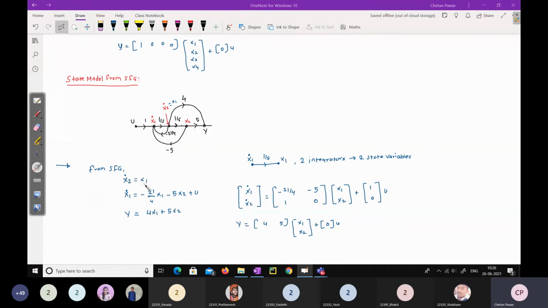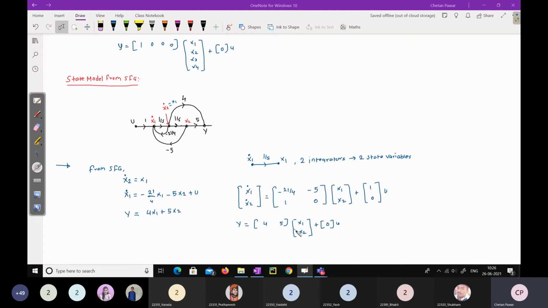The other terms are not there, so 0 into x2 and the input term is 0. And the output equation is Y equal to 4x1 plus 5x2. Here both state variables x1 and x2 are there, so 4 into x1, 5 into x2. The input term is not there, so 0 into u.